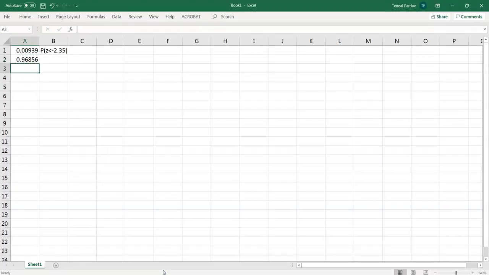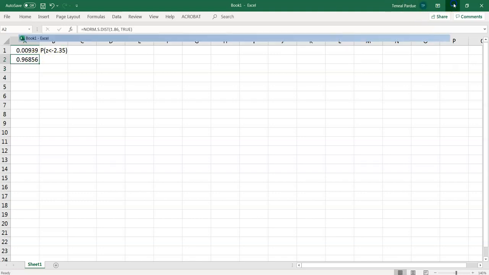And so just as we suspected, or just as we knew, this probability is large, so 0.9686. And I am going to ask you to round to 4 decimal places. So for this first one, it would be 0.0094, not just 0.0093, because we're not truncating, we're actually rounding.